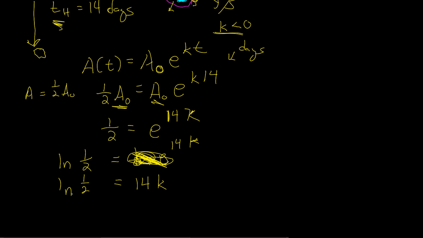Now, in a calculator world, it's really, really nice. Our calculator is going to spit out a number for this. But I want to show something. I said k has to be less than 0. But I wasn't going to do anything to enforce that. And here's why. Remember, this is the ln of 2 to the negative 1.